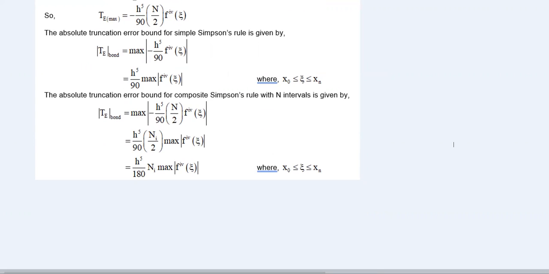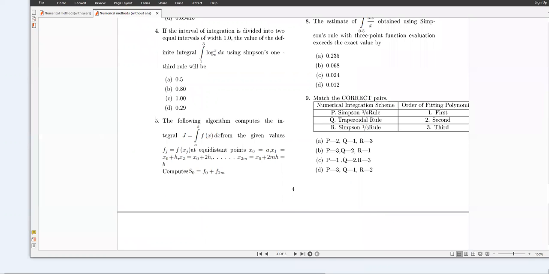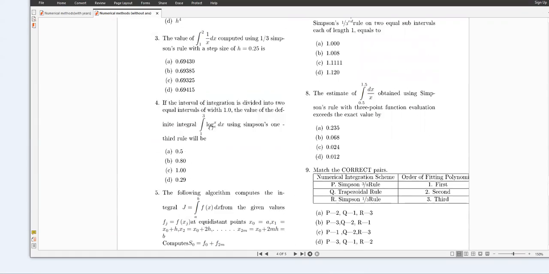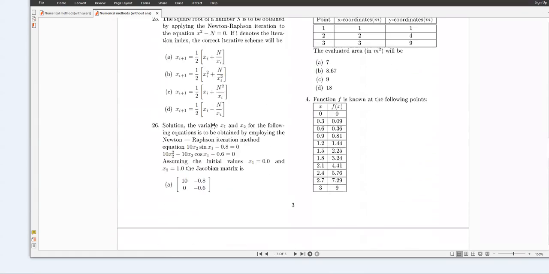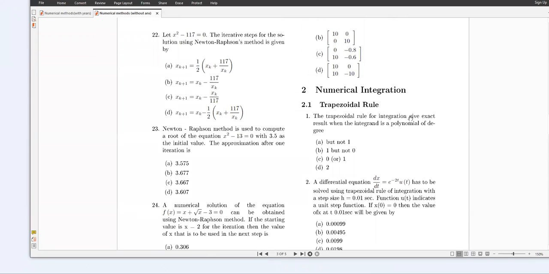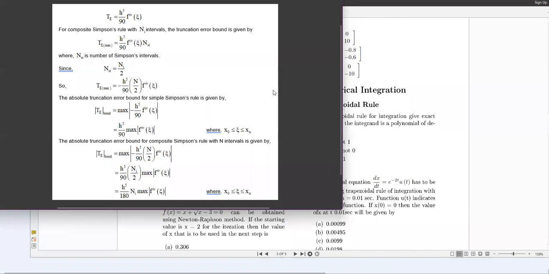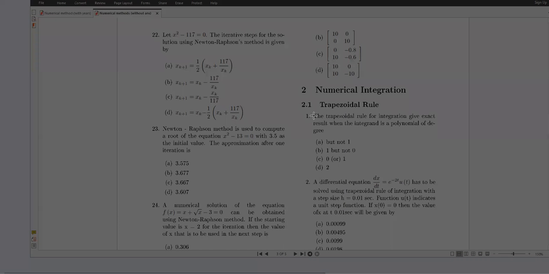All right. Now I'll go into problems that have come in previous GATE papers. So now let us go through this.